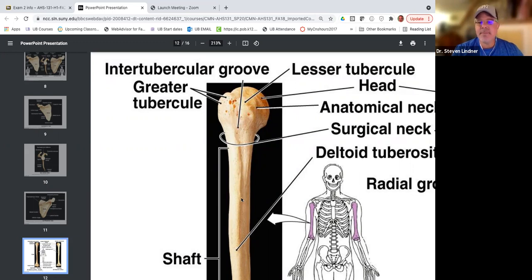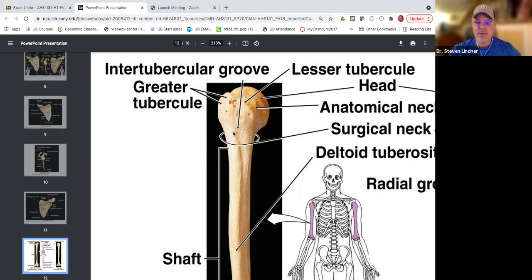The purpose of this bicipital groove is that there's a tendon that travels through here. The tendon that travels through here is called the long head of the biceps, right? Biceps brachii, bi means two. There's a long head and a short head, but it is the long head that travels through this bicipital groove. So again, we have a greater tubercle, a lesser tubercle, and a bicipital groove.